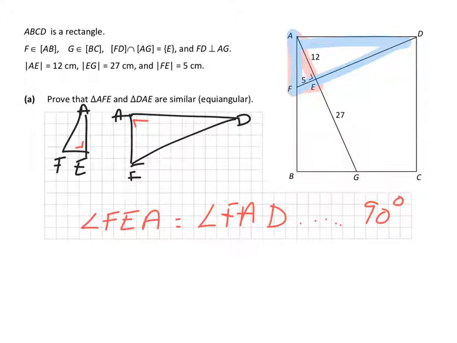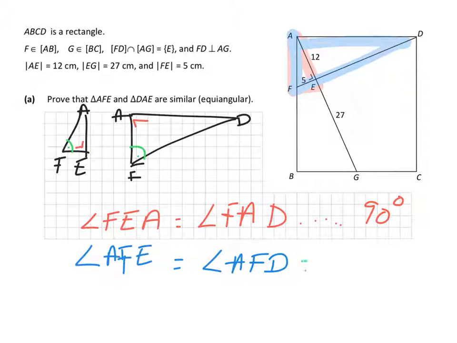Okay, the next thing I'm going to look at is obviously this triangle here has the angle F. We can see it here in this diagram, but the bigger triangle here also has the angle F. So I can conclude that these two angles are the same, and the reason for that is they are the same angle.